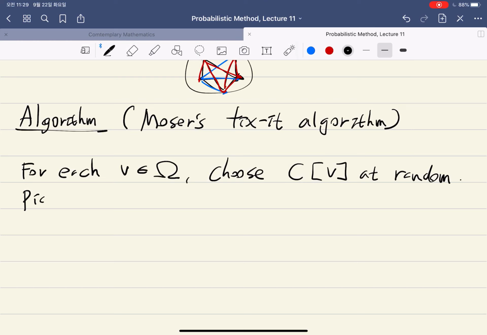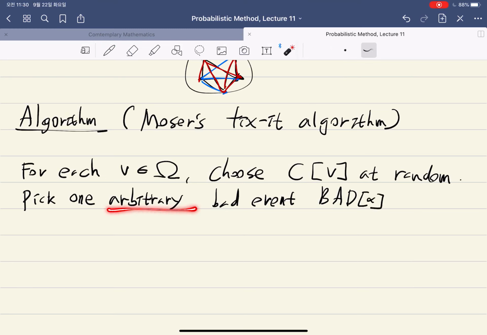If no bad event happens, then we are happy. Otherwise, pick one arbitrary bad event, bad alpha.